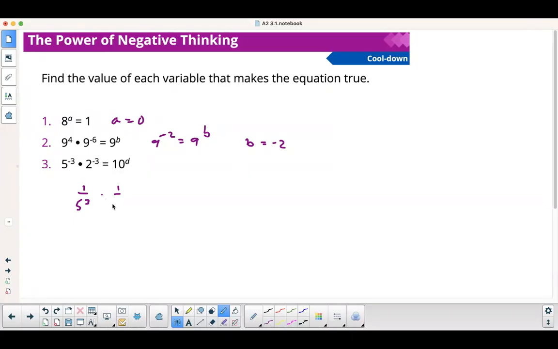This is 1 over 2 cubed equals 10 to the D. So this is going to be, if I multiply those out, 1 over 125 times 1 over 8, which would be 1 over 1,000, equals 10 to the D. So I'd have to plug in a -3 here to get it equal to 1 over 1,000. So D equals -3.